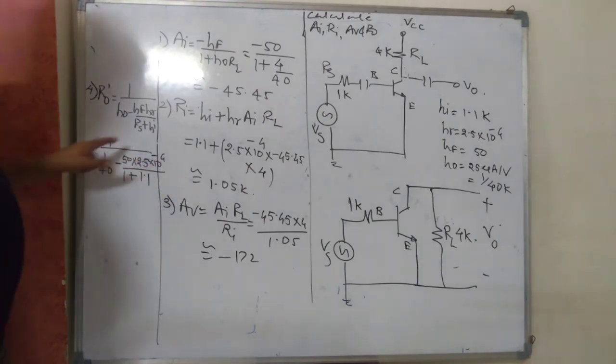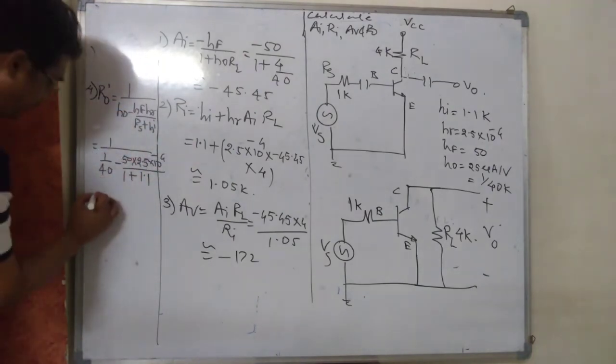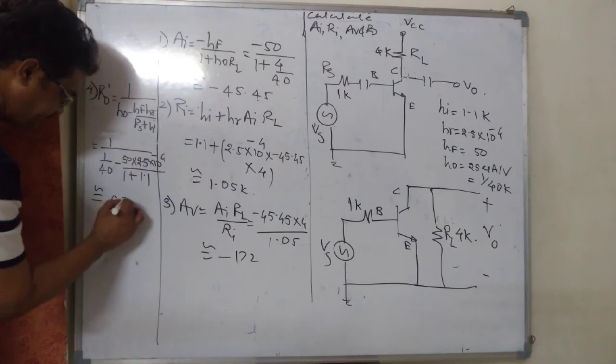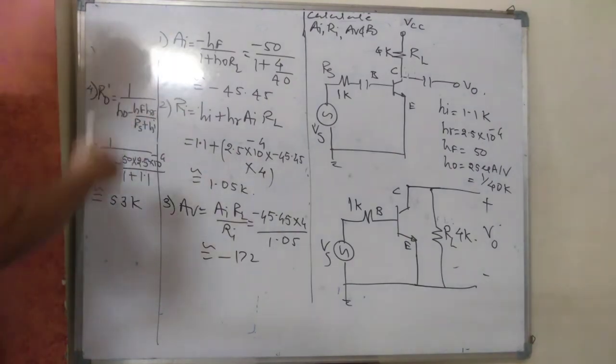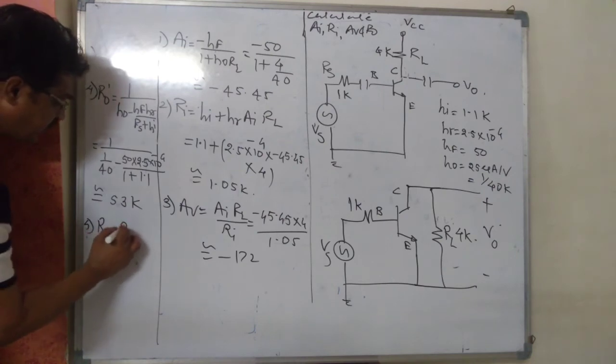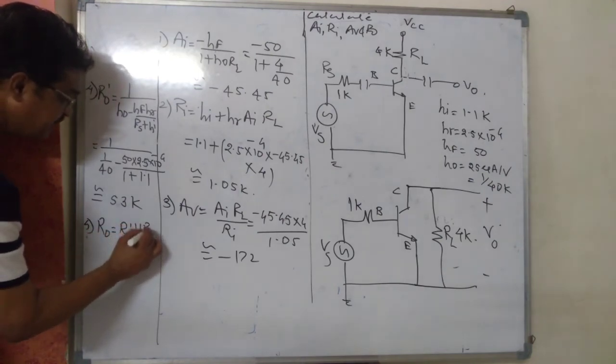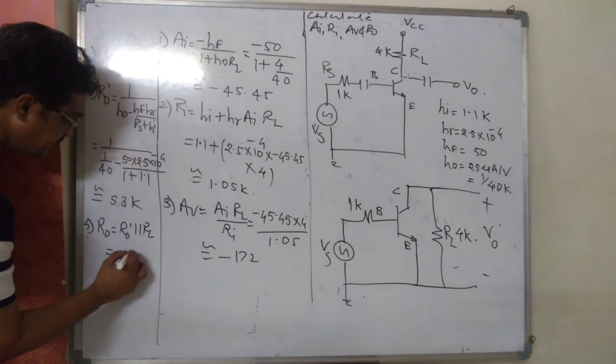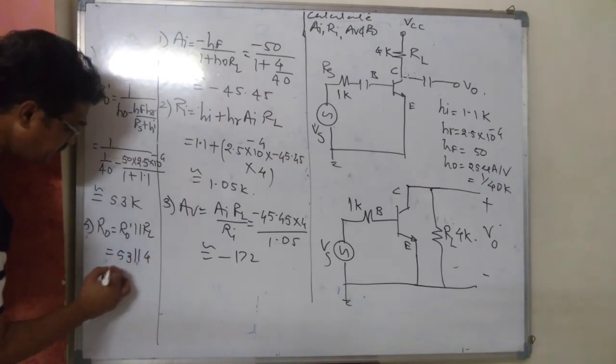This calculation you have to calculate carefully, right? So this RO dash will be approximately 53. You check the answers. And then finally fifth, RO is equal to RO dash parallel with RL. RO dash is 53, parallel with RL is 4.